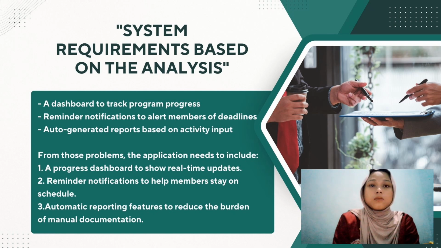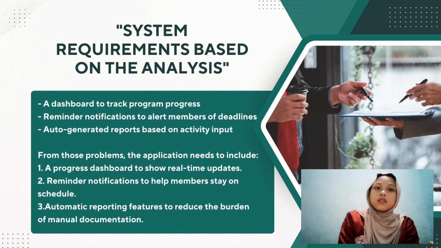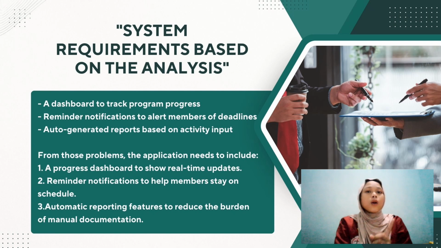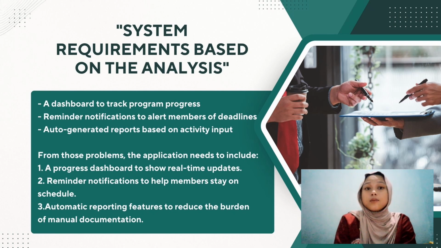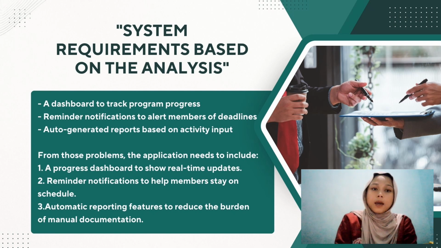From these problems, the application needs to include: 1. A progress dashboard to show real-time updates. 2. Reminder notification to help members stay on schedule. 3. Automatic reporting features to reduce the burden of manual documentation.